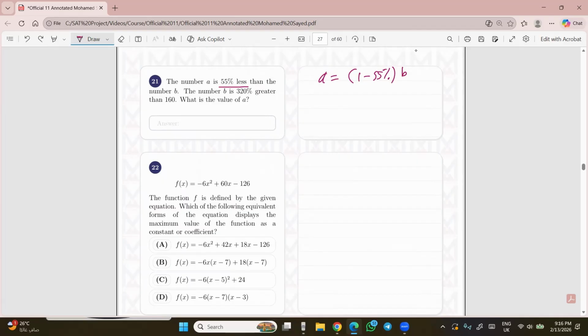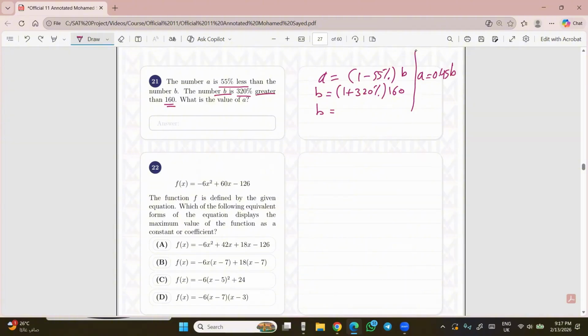So we can write A equals 0.45B. And then B is 320% greater, which makes it like this: 1 plus 320% of what? Greater than 160, of 160. How can we simplify this? We can say B is equal to, just put this on the calculator, or you can think about it, 100% plus 320%.